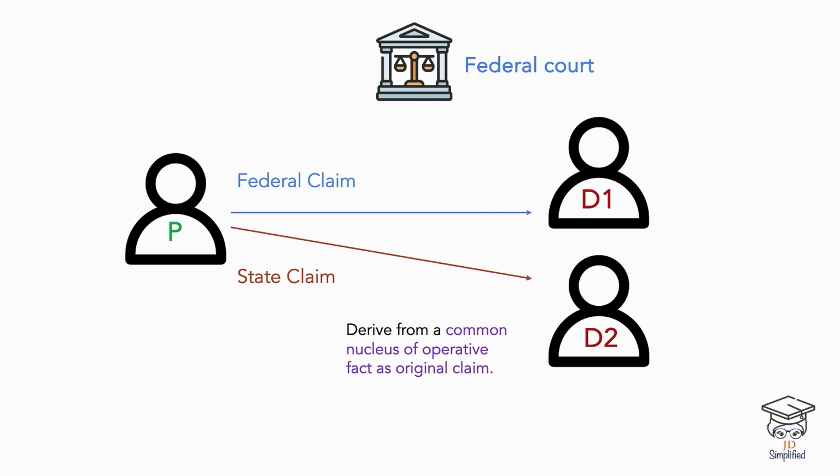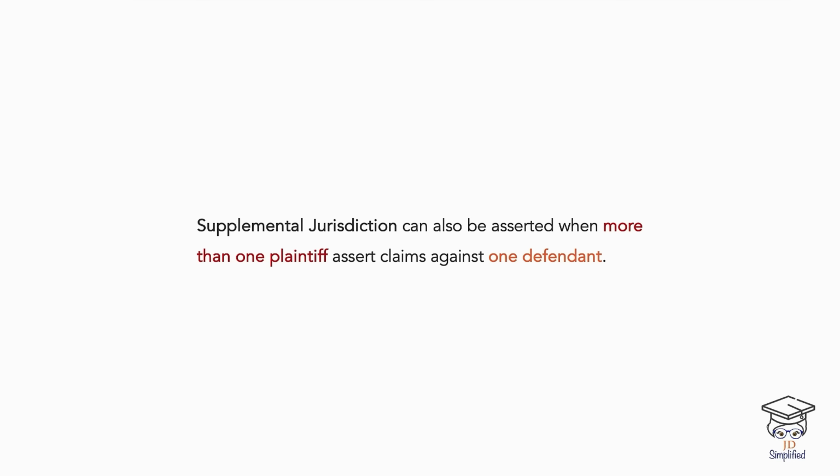So plaintiff has a federal claim against defendant 1 and a state claim against defendant 2. The entire action here can be brought in federal court if the two claims derive from a common nucleus of operative fact.